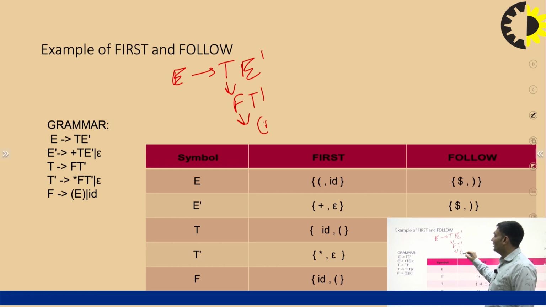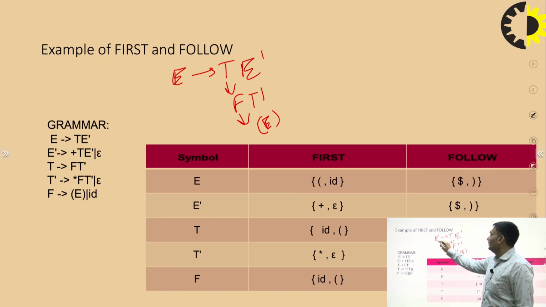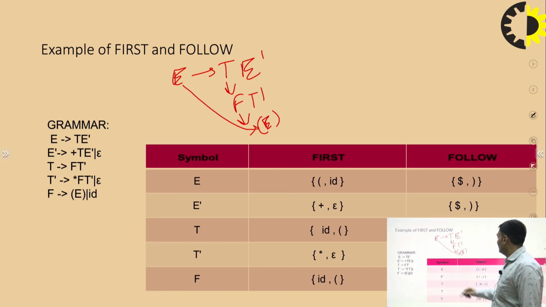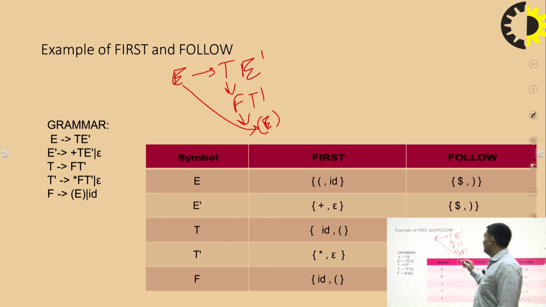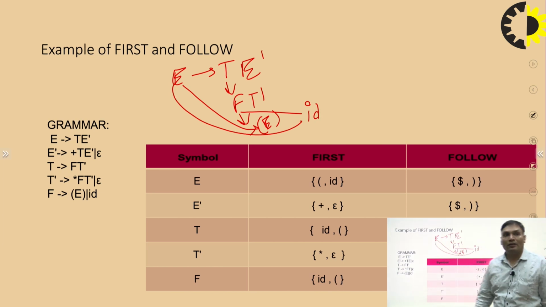F is generating E. So we can see the first of this one is open bracket. Again, F is also generating the ID. If we replace this F with ID, then E is directly generating this ID. So in this manner, we calculate first of E: open bracket and ID.